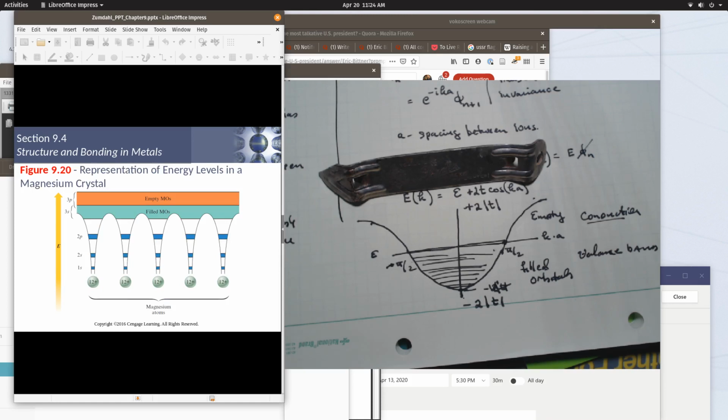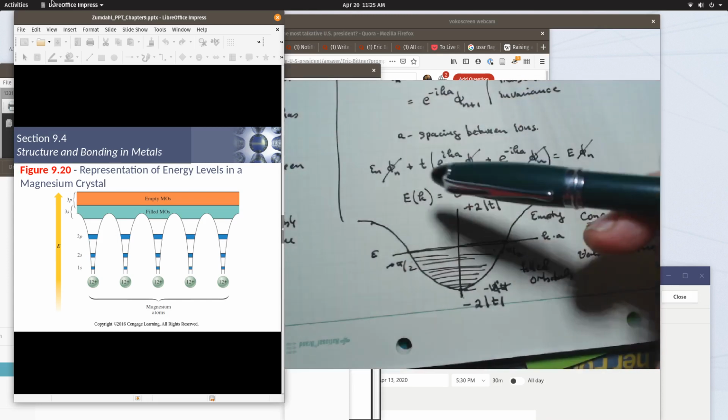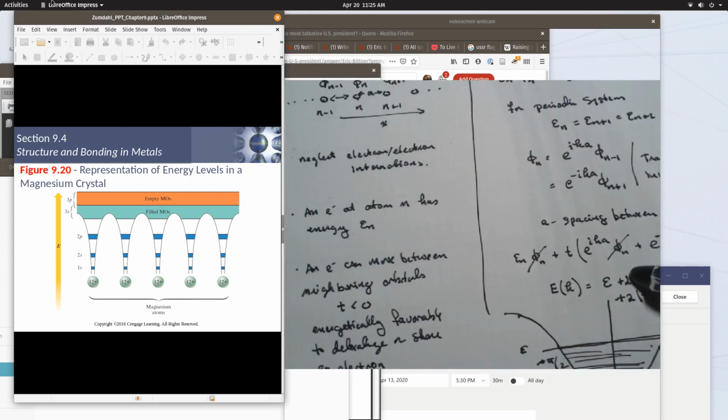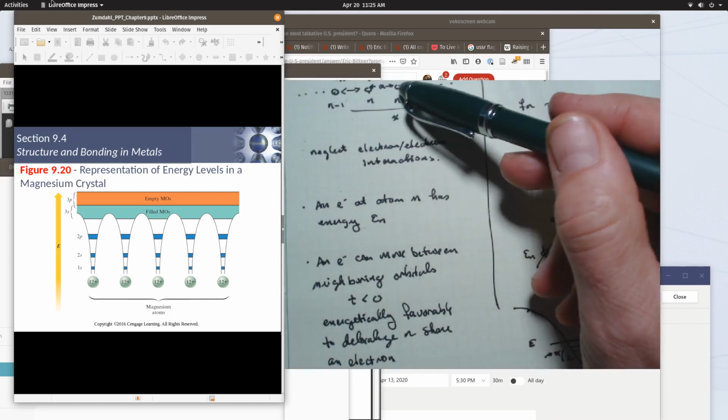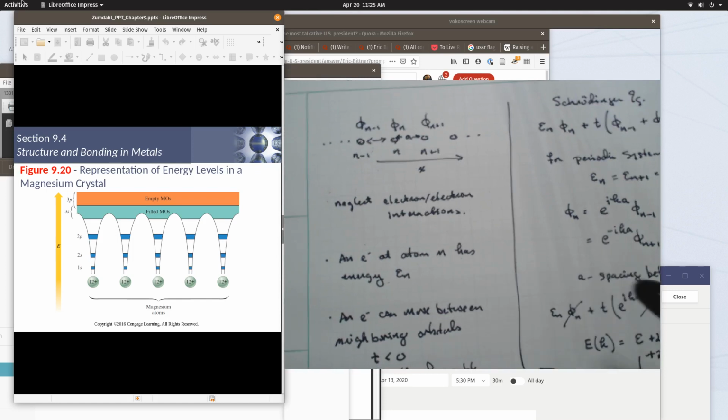Okay. Now we can make this more quantitative. We can put in the actual functions, and that's sketched over here in figure 9.20, where each one of the sites that I had drawn over here is now actually represented by a deep potential well that can maybe have some localized states.